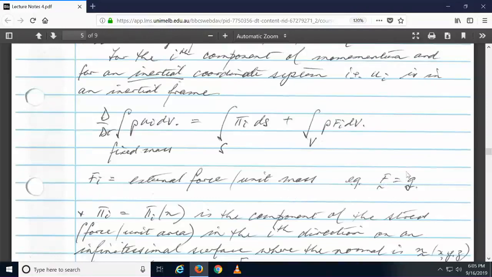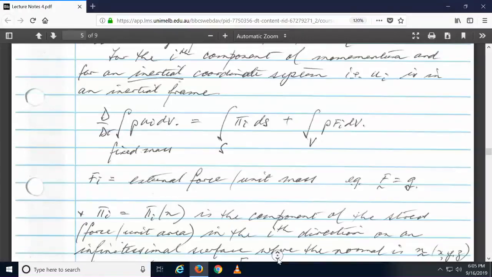For example, F is equal to the gravitational acceleration g. And pi I is the force per unit area, or the stress. So it's the force per unit area multiplied by the element of area ds, summed up over all of the boundary. Pi I ds is the component of the force per unit area in the ith direction on the infinitesimal surface where the normal is n.